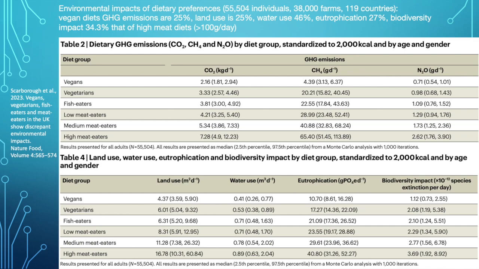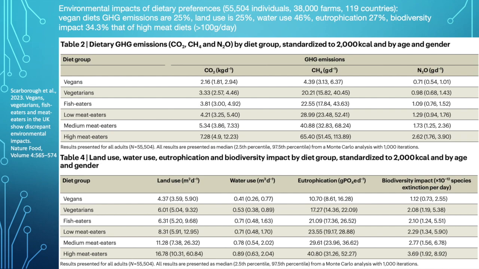Then in table 4 on the bottom, you can see how the land is impacted in terms of land mass used to support people consuming the different diets, how much water each of those diets uses, how much pollution is created, that's the eutrophication of waterways, and also the biodiversity impact, so species extinction per day based on your food choices and preferences.